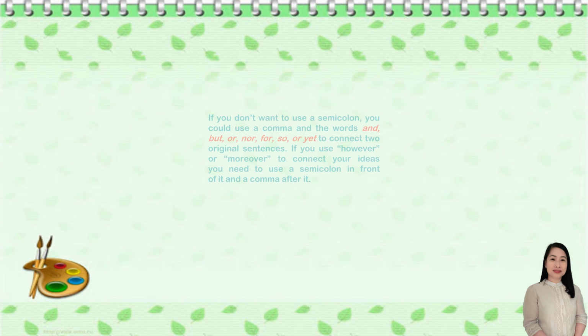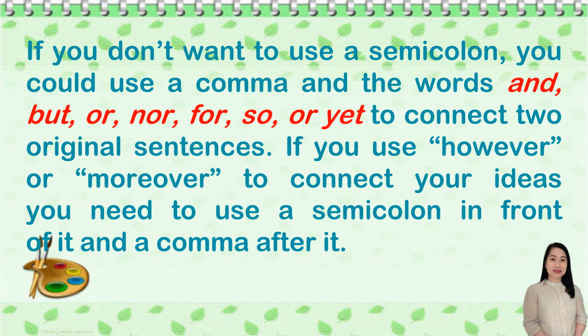You have to keep in mind that if you don't want to use a semicolon, you could use a comma and the words and, but, or, nor, for, so, or yet to connect two original sentences.